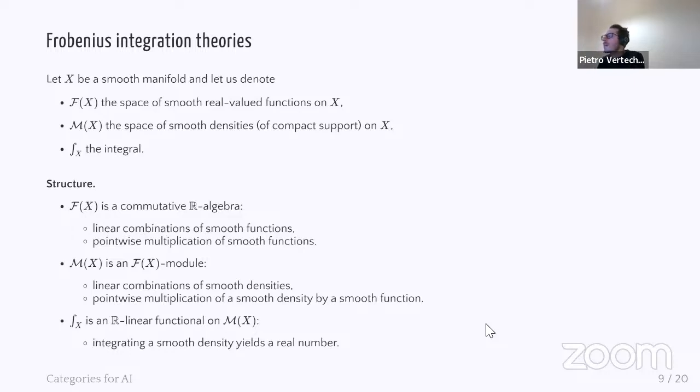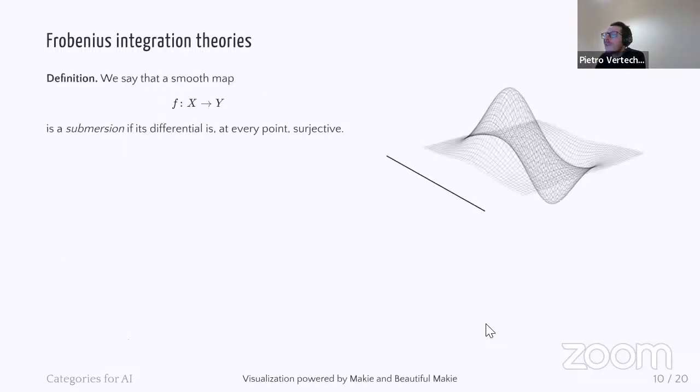Now, this is the structure that you get when you look at one single space X, but in practice we'll be looking at several different spaces and maps between them. However, and this is important, not all maps will work. And in this slide, I will give basically the technical requirement for a map to be well behaved for our purposes.